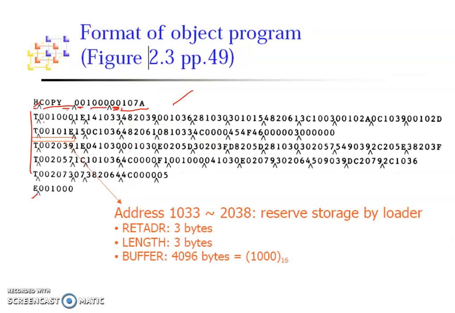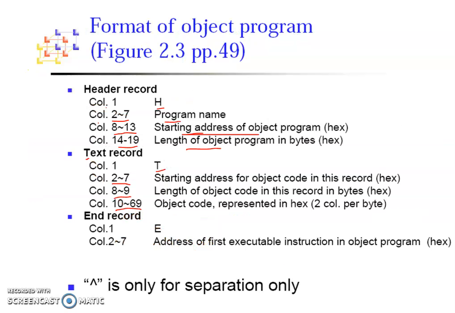So the text record starts with the starting address 1000, and the maximum length of one text record will be 1E. 1E is the maximum size of one text record. The object code generated for each instruction is written here.